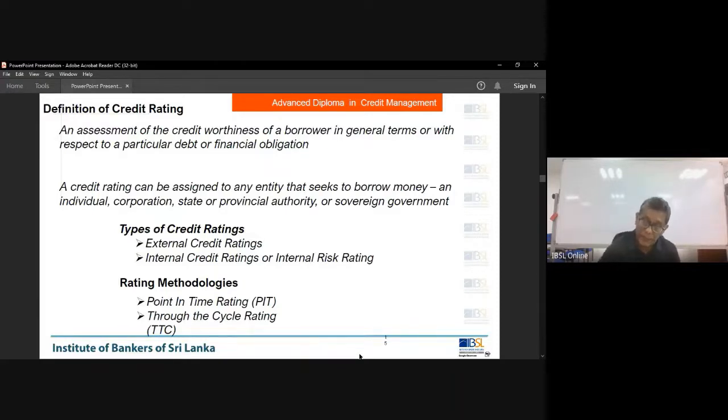Then they talk about the governance credit impact, then social risk impact, then environmental risk impact. They take all of that into account, to what extent the country addresses these ESG factors.